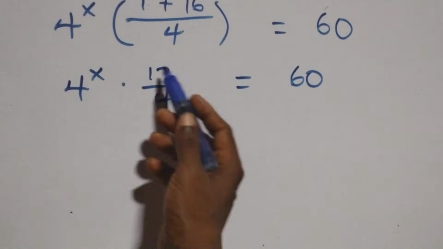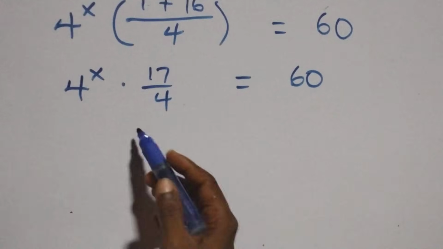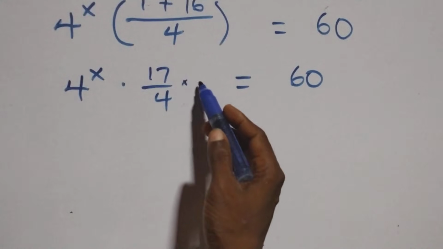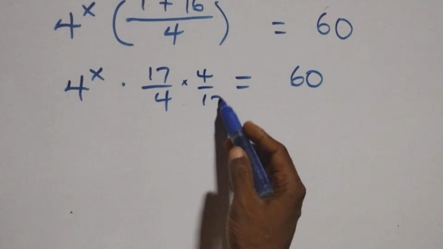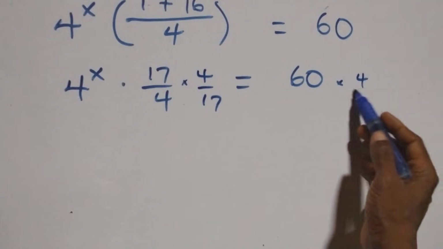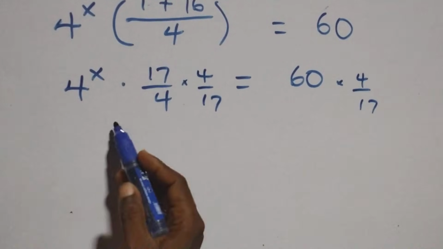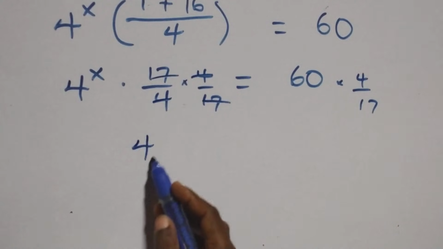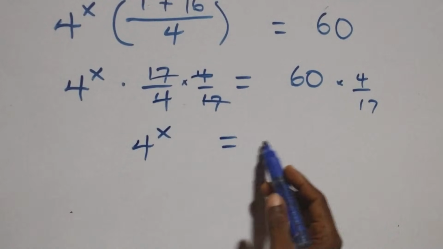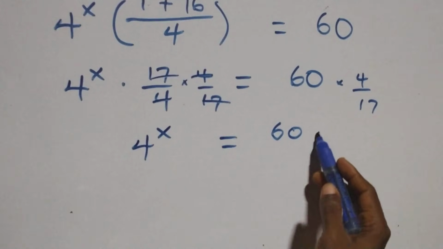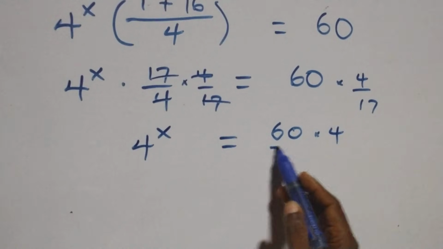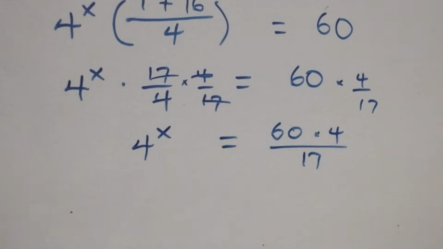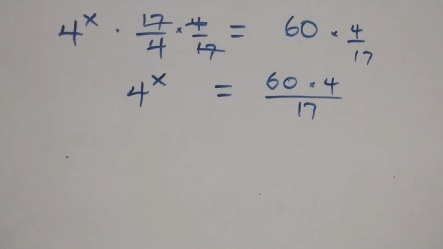Then I remove this 17 over 4 by multiplying both sides by the reciprocal, which is 4 over 17. These cancel each other. We are left with 4 raised to power x equals 60 times 4 over 17.